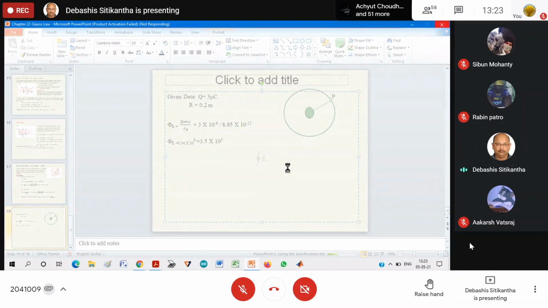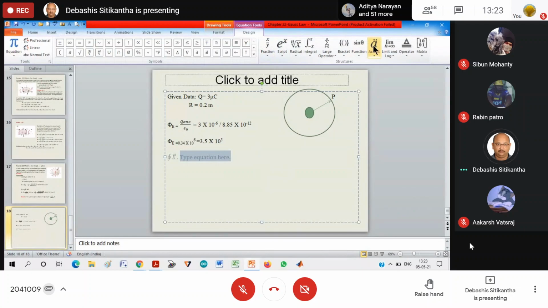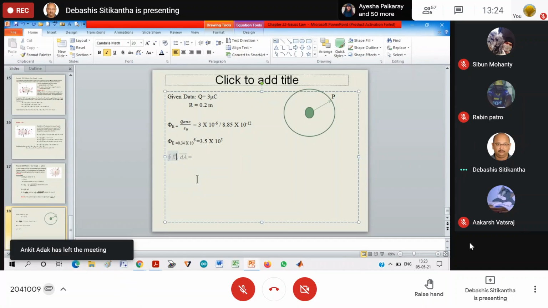Sorry, the system sometimes hangs. Now I will use this method to solve because you don't have to remember anything. So obviously I am going to get E dot.